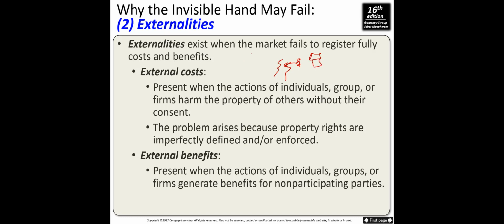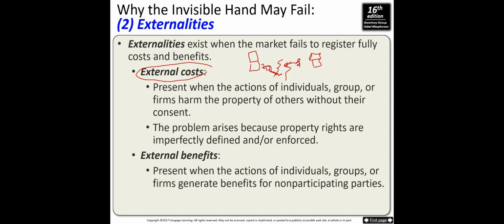And then a new company is constructed here, and that company is dumping poisonous materials into the river that kills all the fish. So this income of the fishing people, gone, okay? So there is a cost to these people, but does the company bear the cost? Depends. If there is regulation, yes, but if there is no regulation, then the company doesn't care. So here we are talking about an external cost.